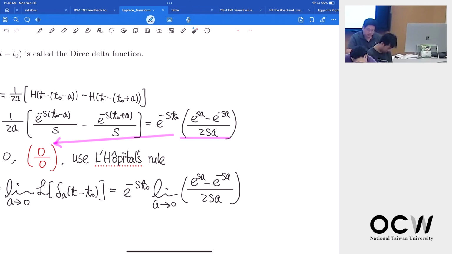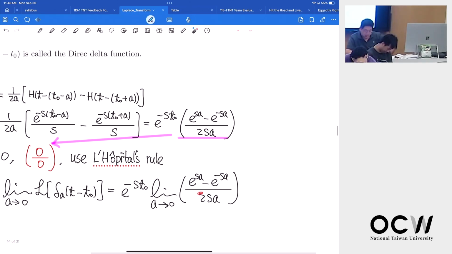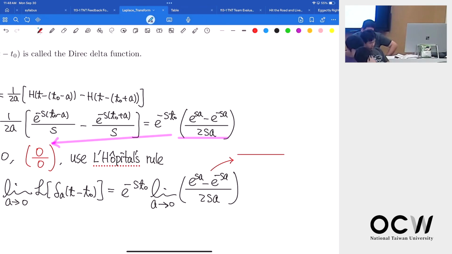We take the derivative of the numerator and denominator separately. If I take the derivative with respect to a, in the denominator we have 2s.